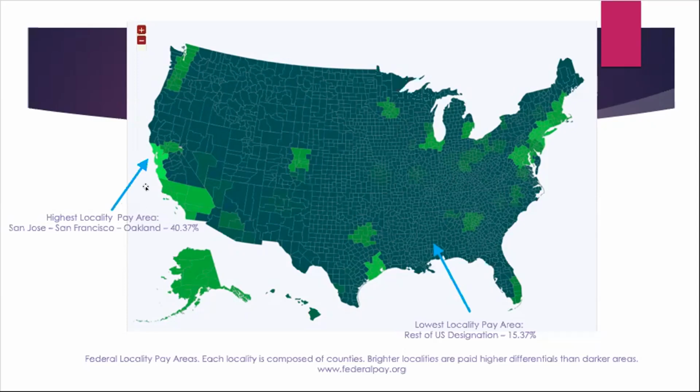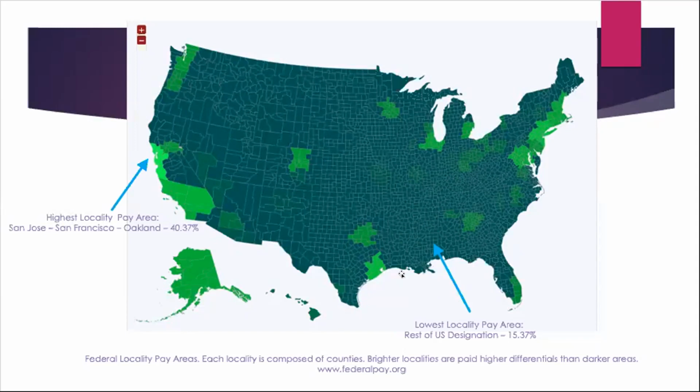Followed closely behind that is LA, DC, New York. With these regions, you're going to be getting paid a higher percentage than you're going to be getting in the rest of US pay. But what comes with that is a much higher cost of living. That's also what I'm going to get into later, the value of what you're getting.